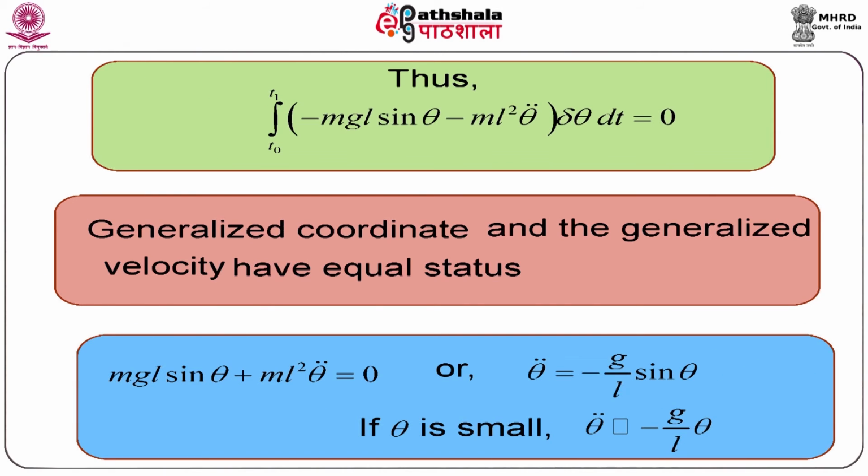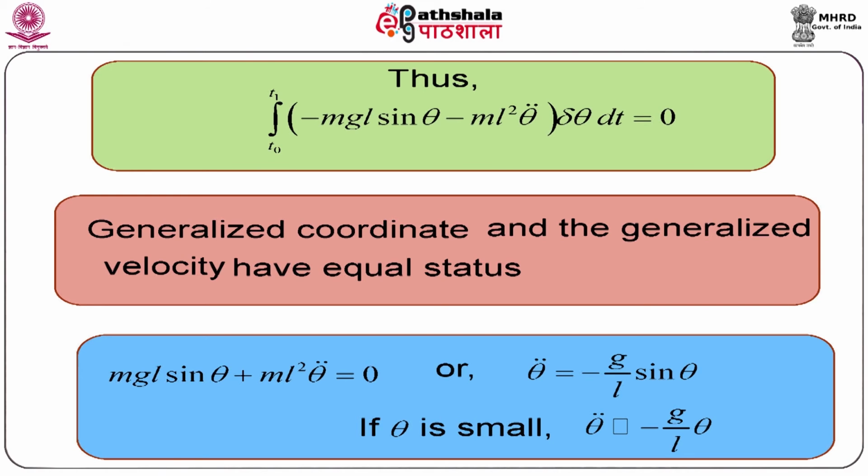Substituting this result in (1), we get ∫ from t0 to t1 of (−mgL sin θ − mL² θ̈) δθ dt = 0.